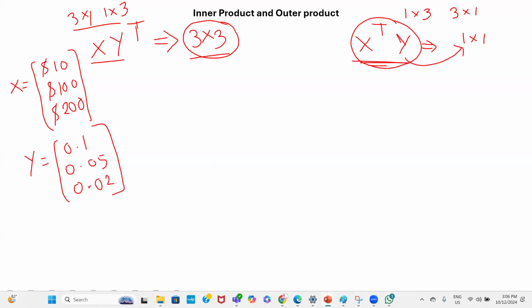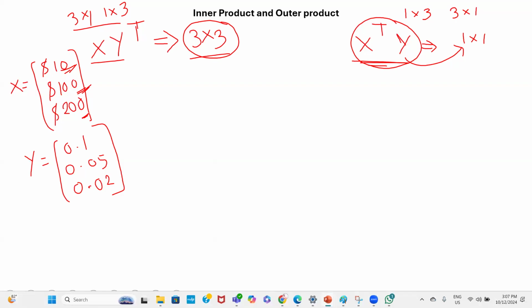Now, let's just understand this conceptually. Let's suppose these are the dollars that I have spent on my trip. 10 would be the amount that I have spent on my meal, 100 on travel, $200 on my hotel.